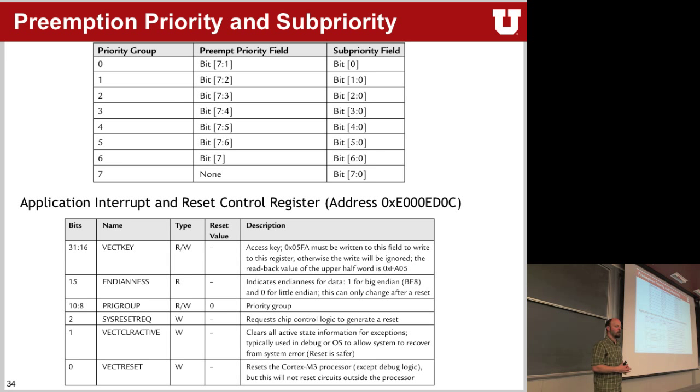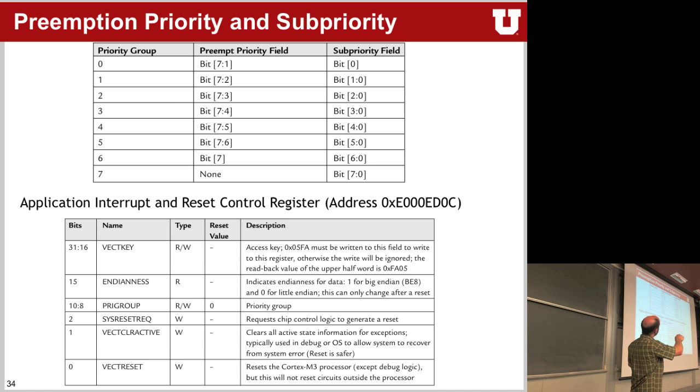How does it work with the priority and the sub-priority? It's all complicated. Once you understand it, it's really not that hard. It's just a lot of priority, sorry. So what happens is you have a field that's called the priority group. When you set priority group to 0, the preemption priority will be bit 7 to 1, and the sub-priority will be bit 0. What it means comes in a second.